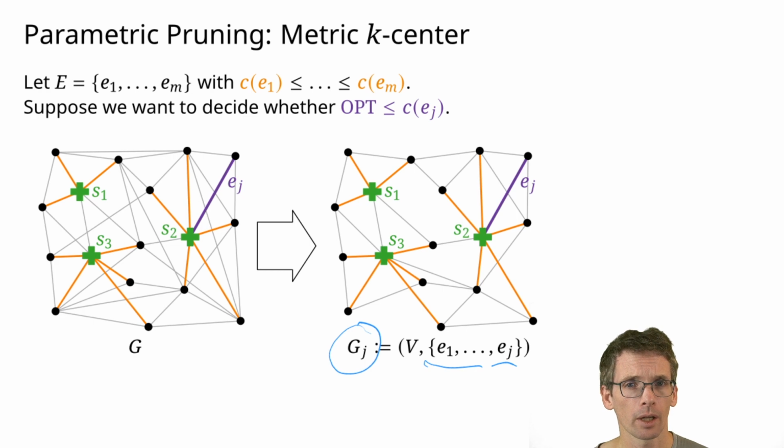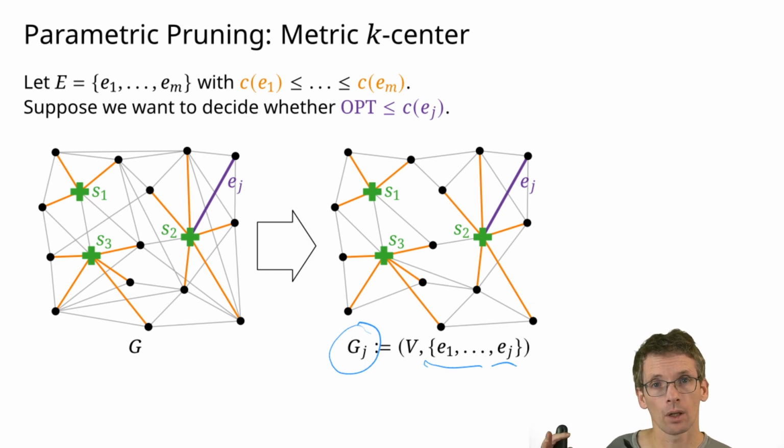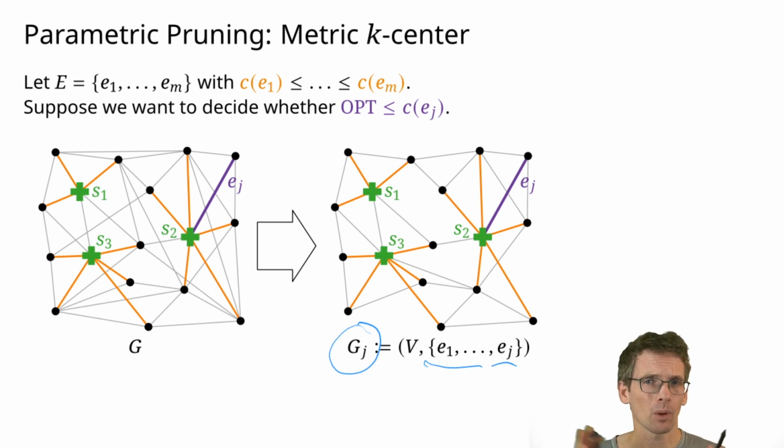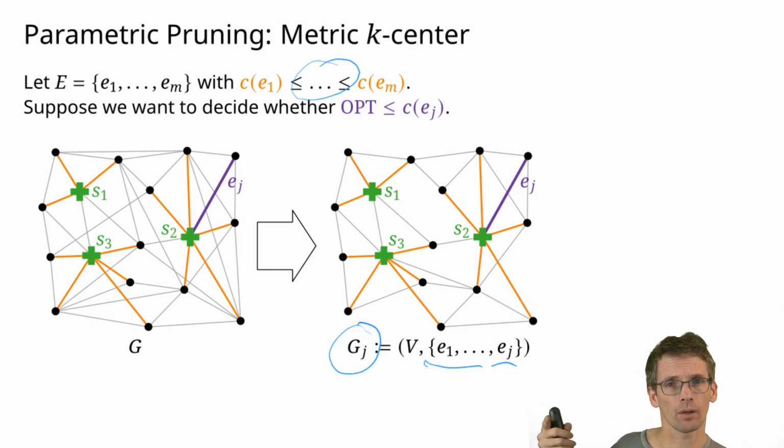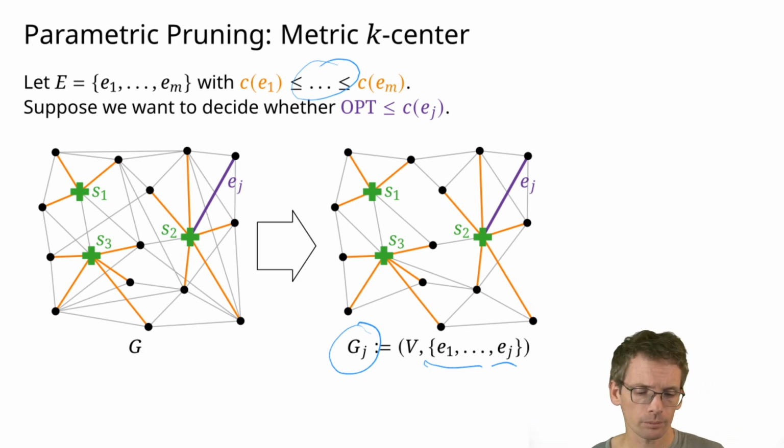This will include all edges that are of cost smaller than ej. And if there are more edges which have exactly the same cost as ej, they will occur in an arbitrary order, and I'm at this point only including those that come earlier in the order. But that is not really a problem, just a technicality to be aware of. But then I now can simply go through all of those Gj, starting with G1, G2, and so on.